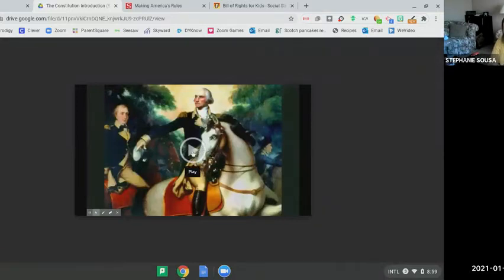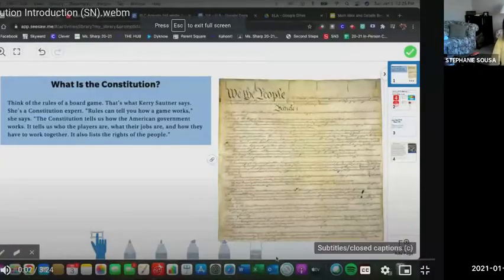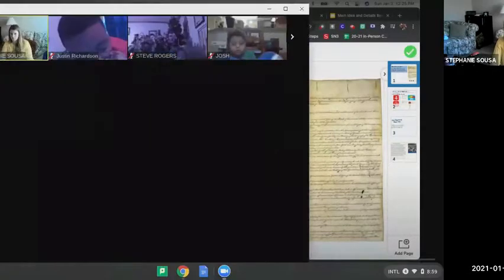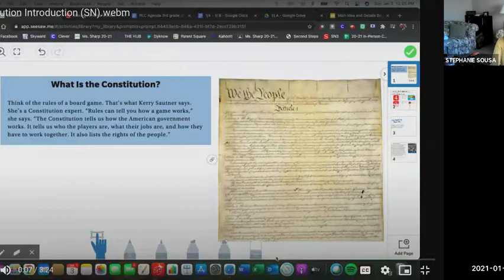So here we are. We have been talking about the rights and responsibilities and equality of America. Oops, sorry, it's supposed to be down there. We've been talking about the rights and responsibilities.